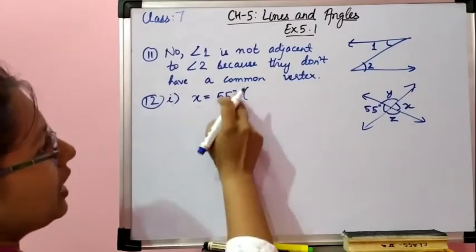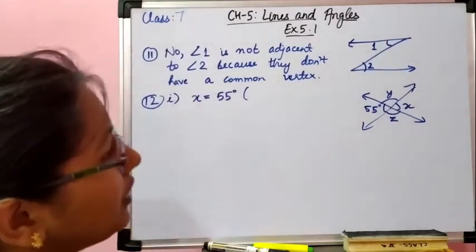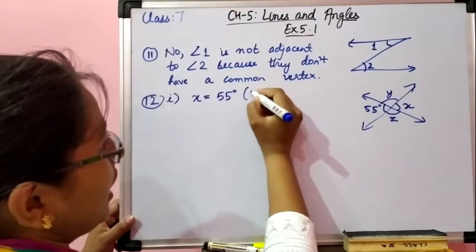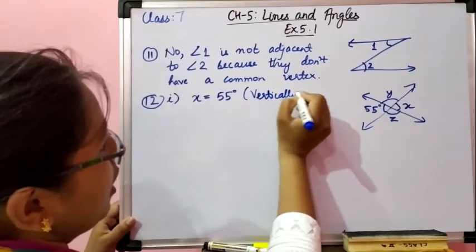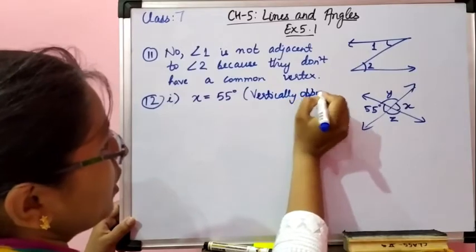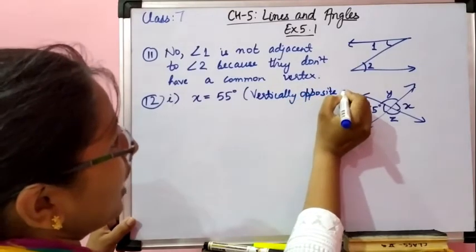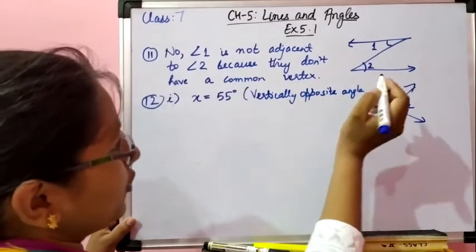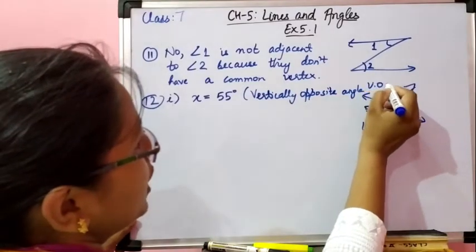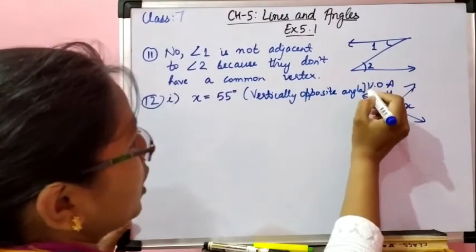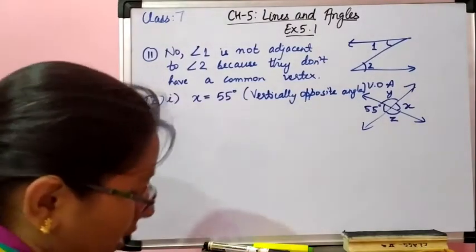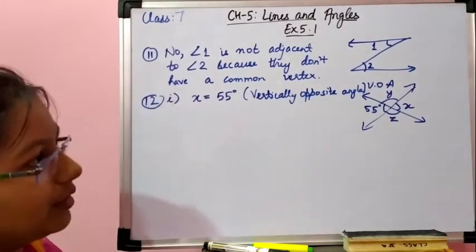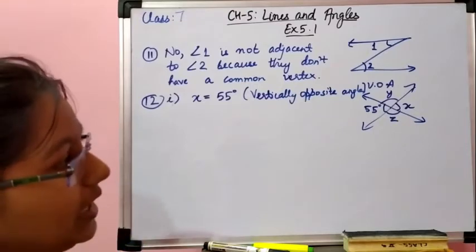I have written that X is equal to 55 degree because I know that they are vertically opposite angles. And we can use a short form for this, that is VOA, vertically opposite angle.